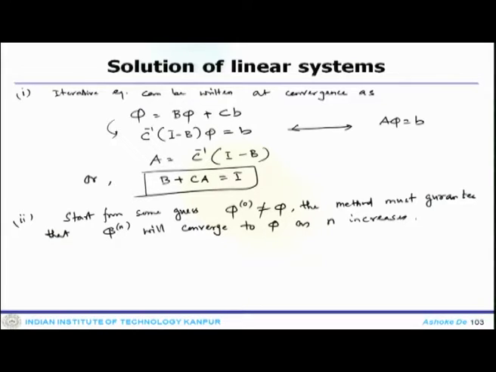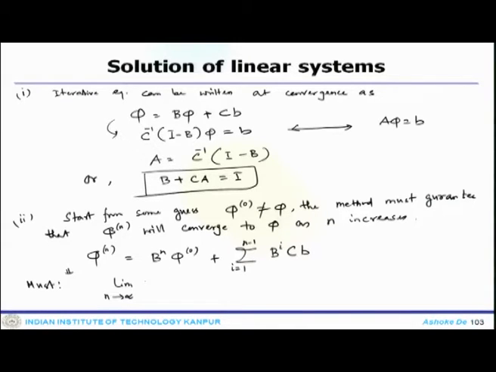Since phi^n can be expressed in terms of phi^0, one can write phi^n = B^n phi^0 + summation of i = 0 to n-1 of B^i C b. So, in this particular expression B must satisfy a limiting condition.